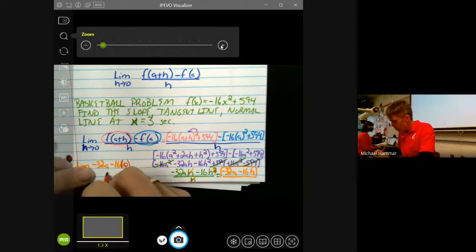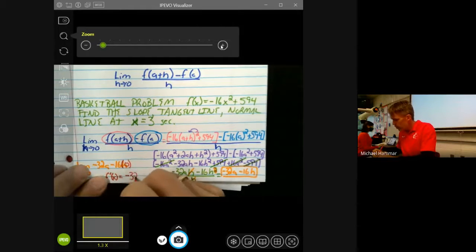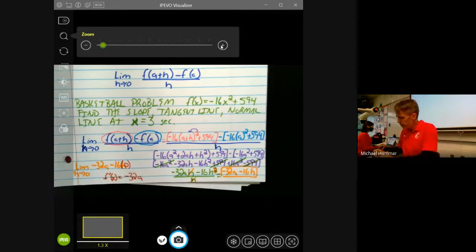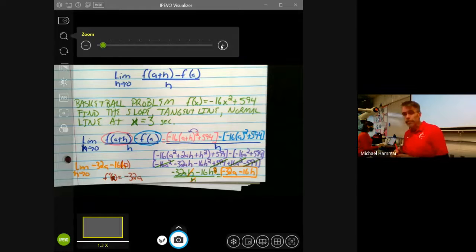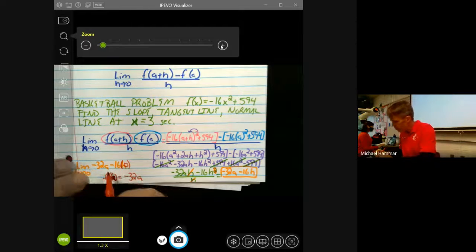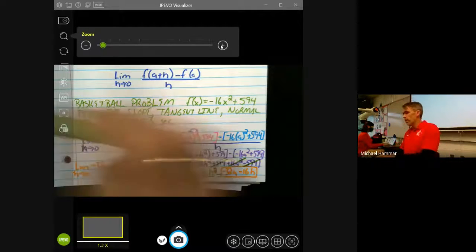And we're going to write the derivative of the function as f prime of a is going to equal negative 32a. I'm sorry, this should be f prime of a. So that is the function that we use to find the slope of the line at any point. So let's continue.